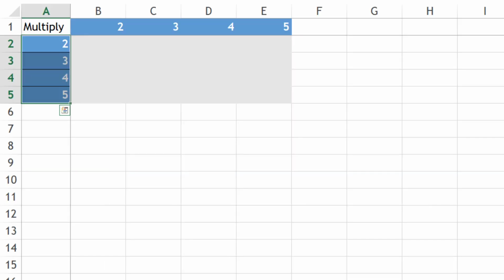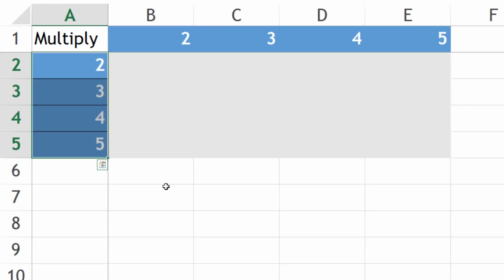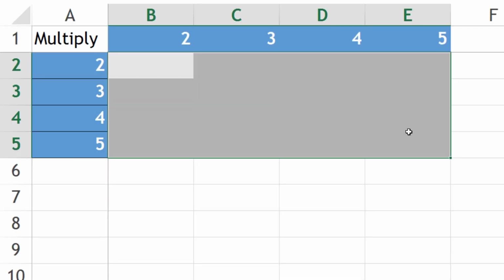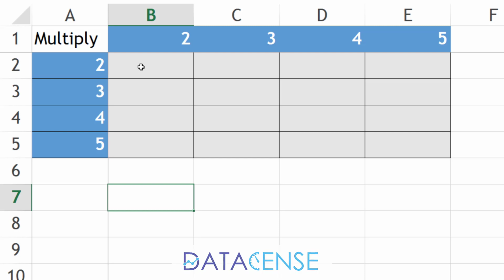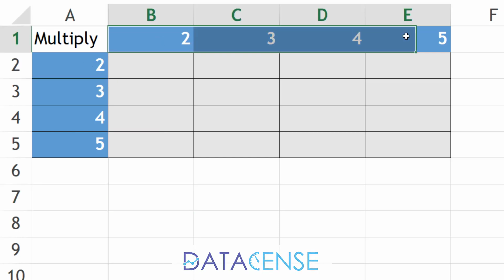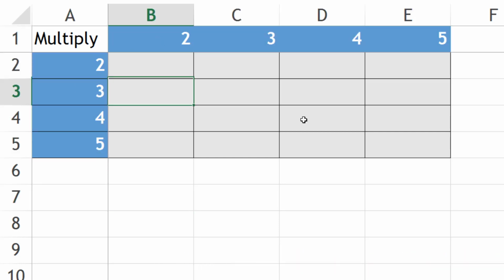Now let us work on this classic example, which is coming from our elementary school. Here what we need is multiplication of these numbers with these numbers in different cells. Like here 2 multiplied by 2. Here we need 3 multiplied by 2. Here we would need 5 multiplied by 5.